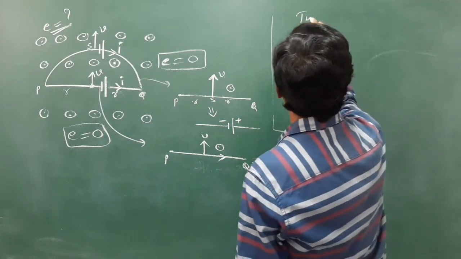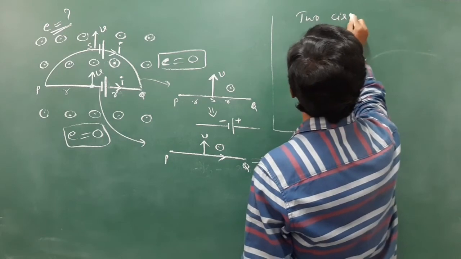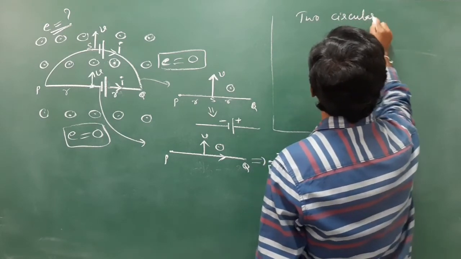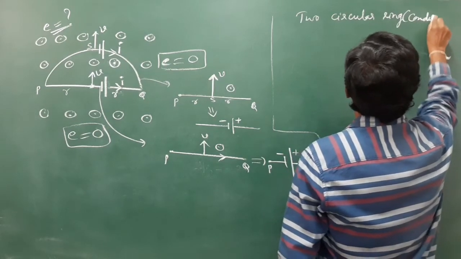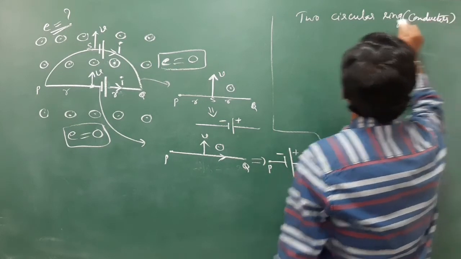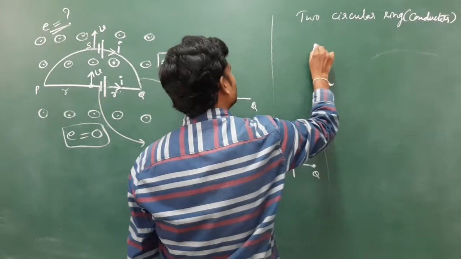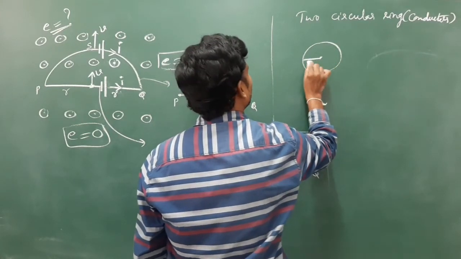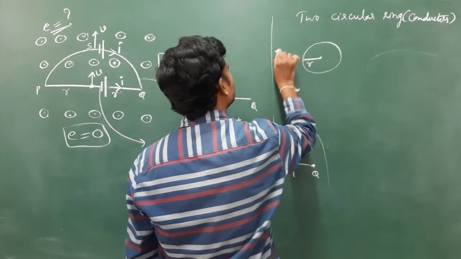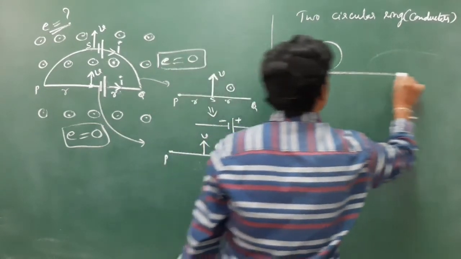Two circular rings, two circular conductors. One ring whose radius is given as R is moving with a speed 2v.